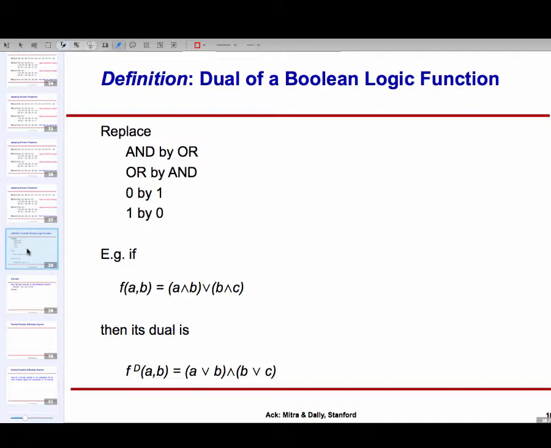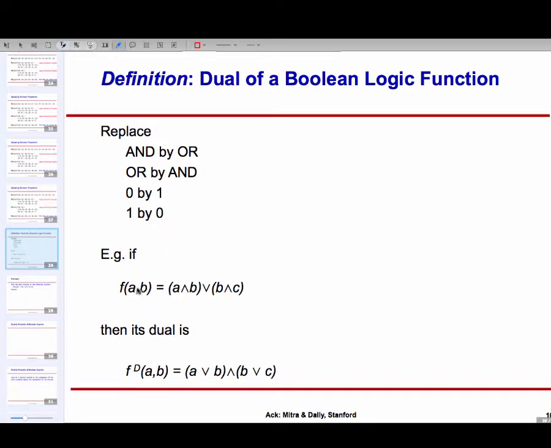Now, I mentioned that De Morgan's law is a special case of a more general property. This general property is called duality, or the dual of a Boolean logic function. If I give you a logic expression, then its dual is obtained by replacing and by or, replacing or by and, replacing 0 by 1, and replacing 1 by 0.